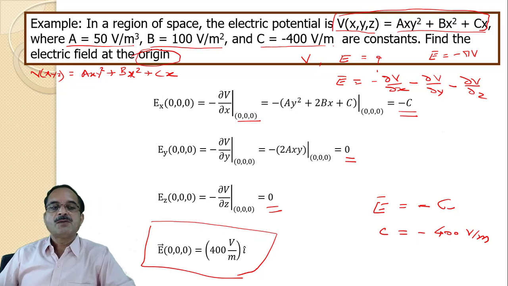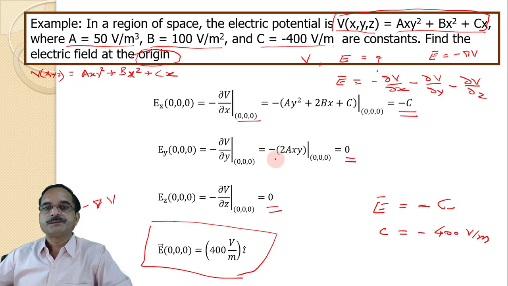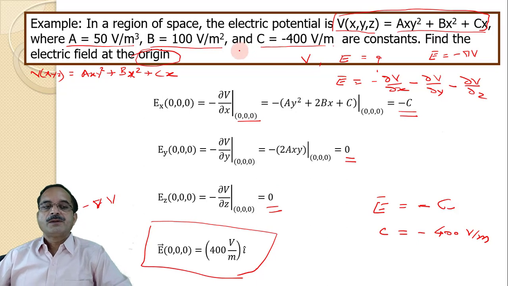So this is how we can use the relation between E and V to find out E from the expression of V. So that is the relationship between electric field intensity and the electric potential V.